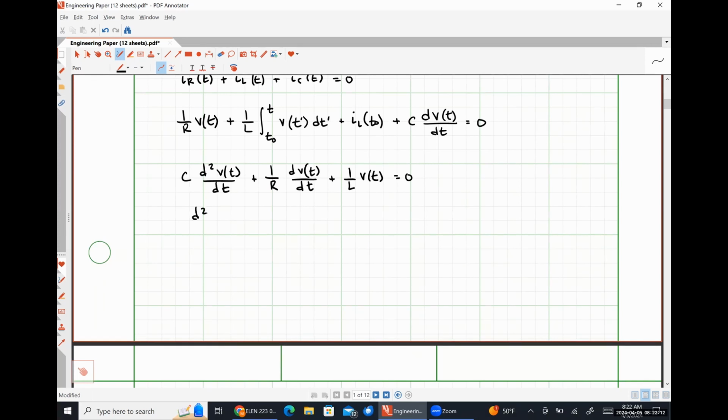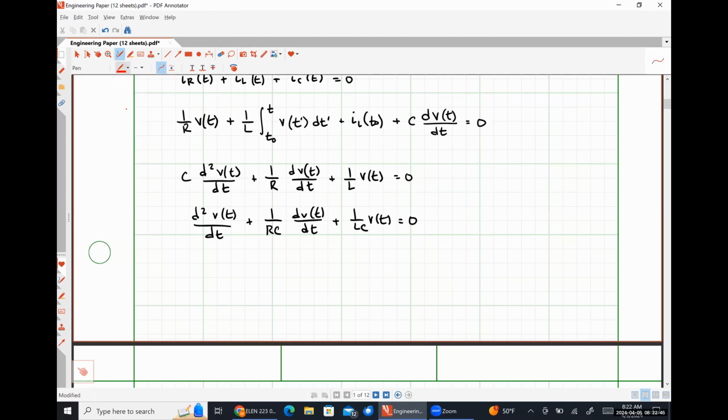So I have the second derivative of the voltage with respect to time plus 1 over RC times the first derivative of the voltage with respect to time plus 1 over LC times V of t, which I will often refer to as the 0th derivative of the voltage with respect to time, is equal to 0.